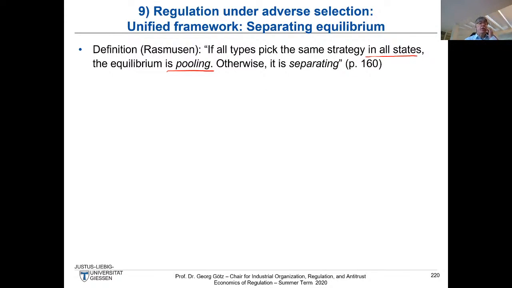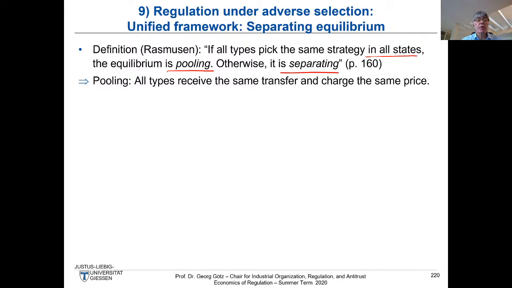If we offer two incentive compatible contracts and the low type will choose a different contract than the high type, we will get what is called a separating equilibrium, because not all types use the same strategy. This definition is from Eric Rasmusen's game theory book, and it should become clear. We will get pooling equilibria later. For the moment, we are looking into the separating equilibrium.